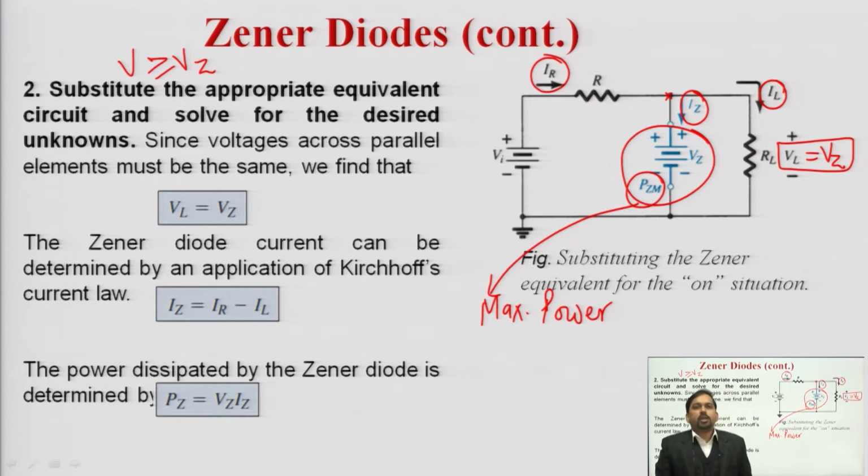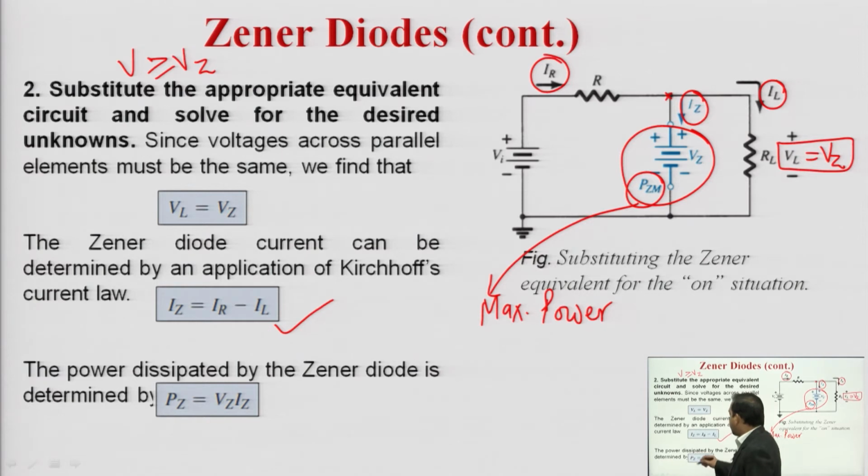So, naturally IR is equal to IZ plus IL, because of the KCL. So, IZ equals IR minus IL, where IZ is the current entering the Zener diode.